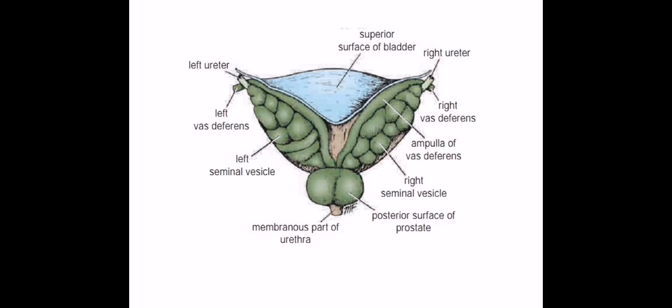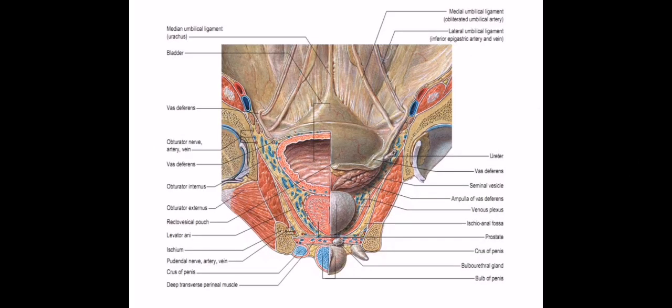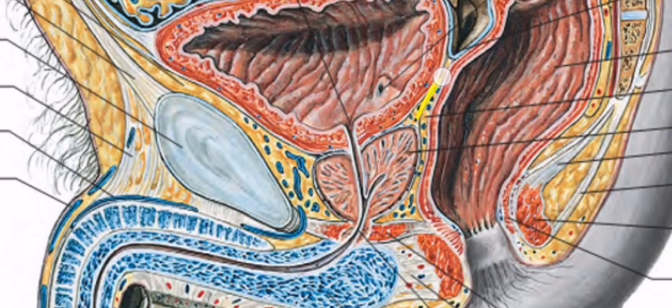The lower part of the posterior surface is separated from the rectum by the vasa deferentia and the seminal vesicles، هذا المكان اللي هو البيز، and by the rectovesical fascia, which is termed the Denonvilliers fascia.